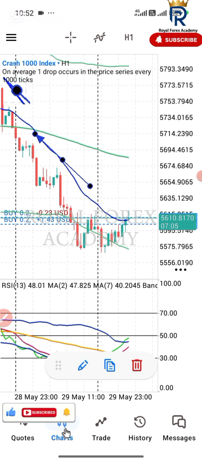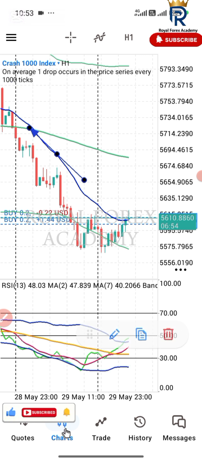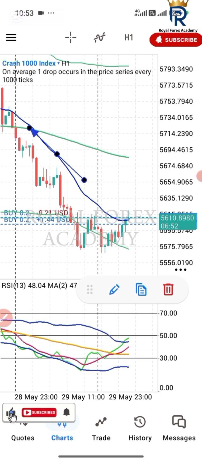Now if you have watched my previous two videos where I talked about divergence, that should let you know that this trade was basically made based on divergence. And in that video I took my time to explain that when price is reversing in a divergence, you are not just going to relax in that particular trade entry.